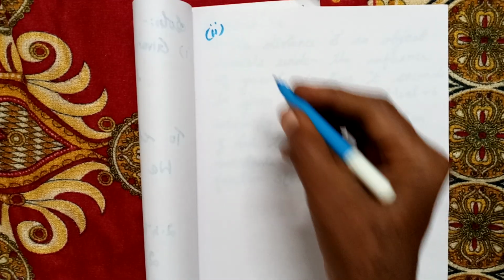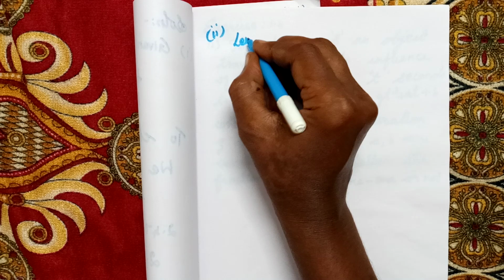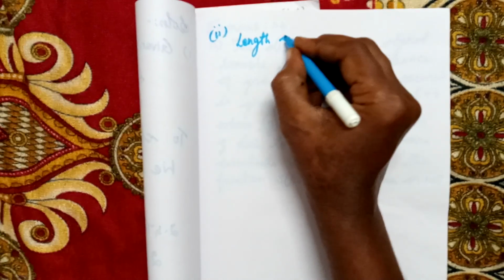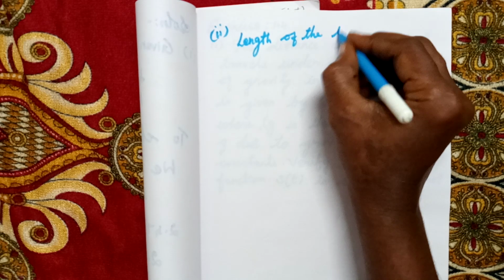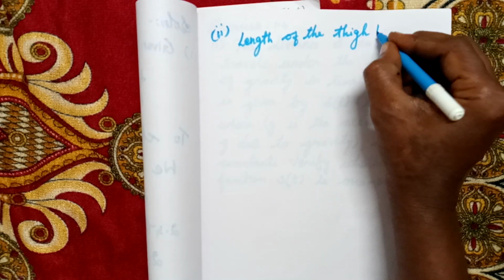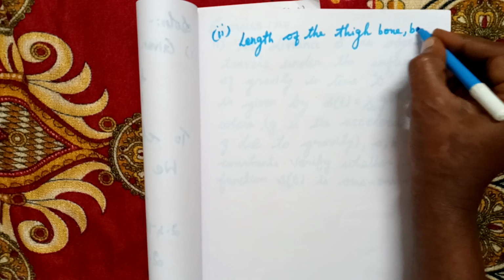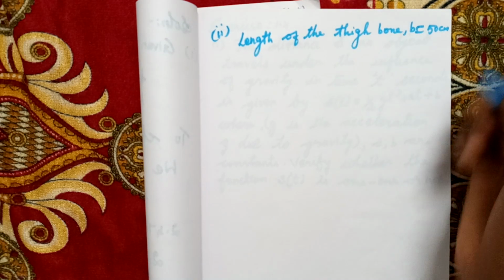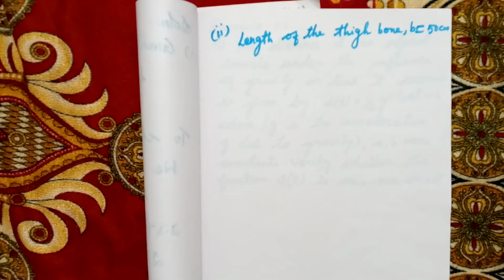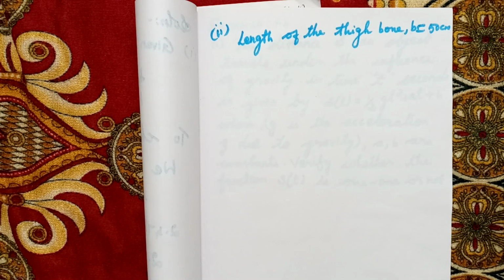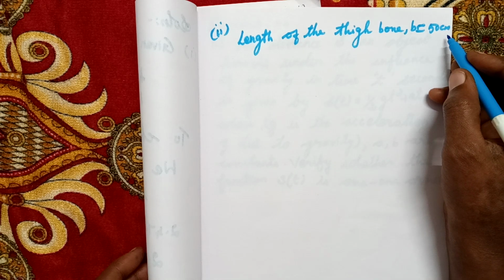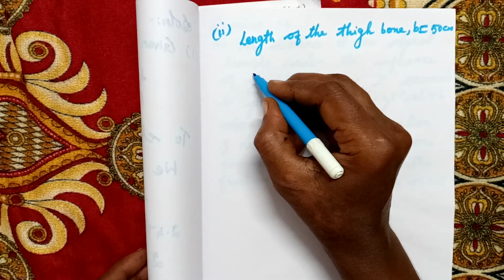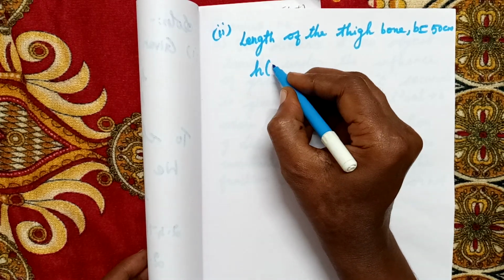The length of the thigh bone b is equal to 50 centimeter. We have to find the height of a person, that means h of b.